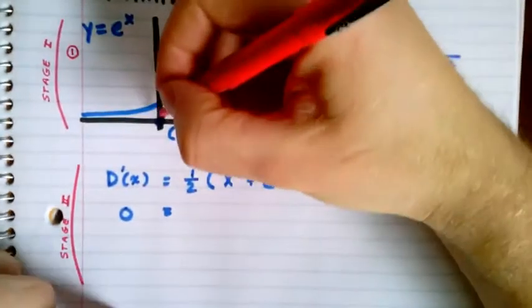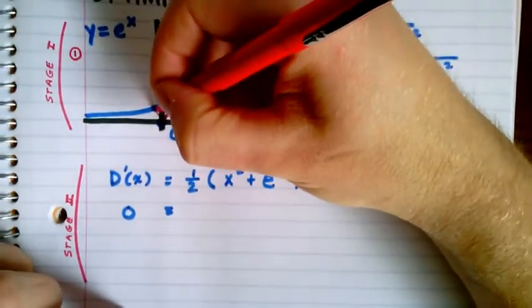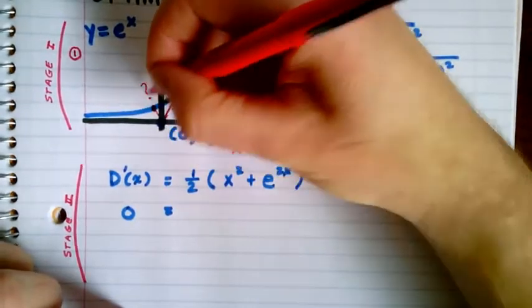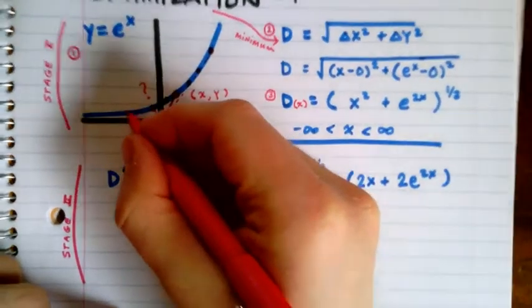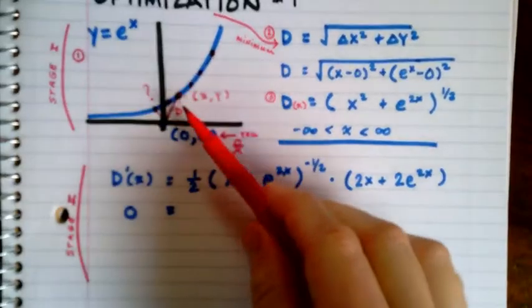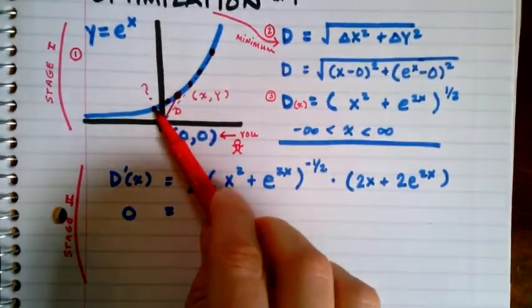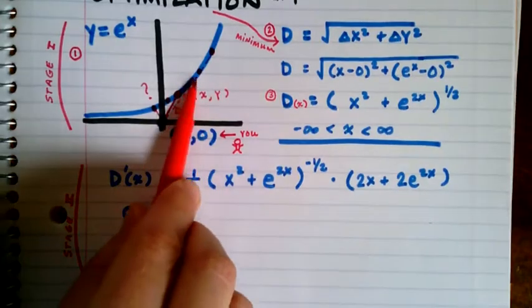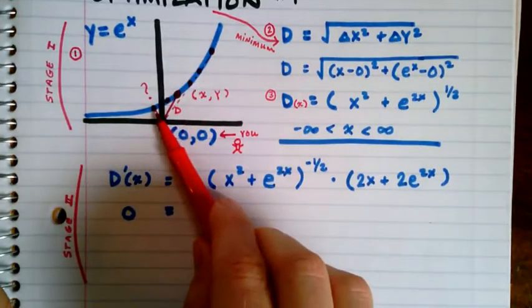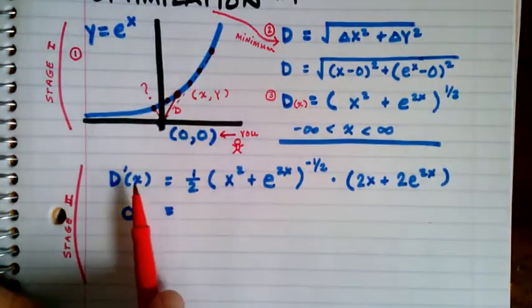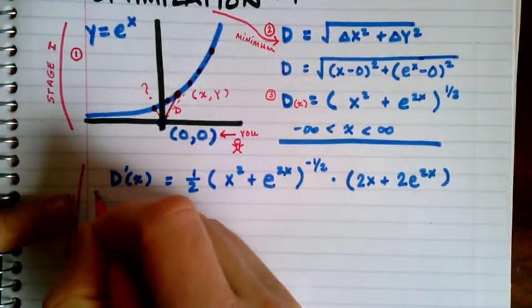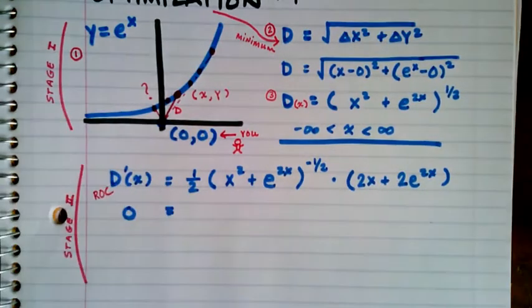And they're going to keep getting smaller until somewhere around here. And then they're going to start getting bigger again. So if you think about this distance equation, it's smaller, smaller, smaller, minimum, bigger, bigger, bigger. And we know that at that minimum, the rate of change will be 0. So that's why we're taking this rate of change equation. We're setting it equal to 0.